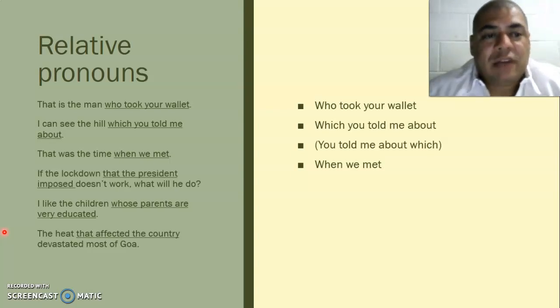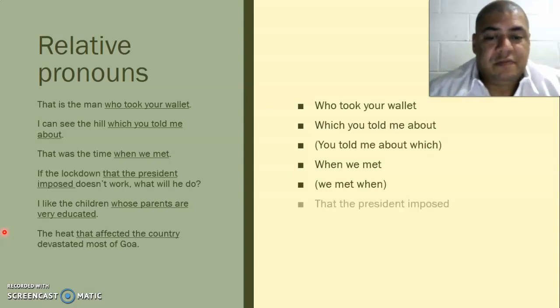Now, let's go back to the original sentence. That was the time when we met. So we say, we met that time. We met when. That's the way I would reorganize this clause. That the president imposed.